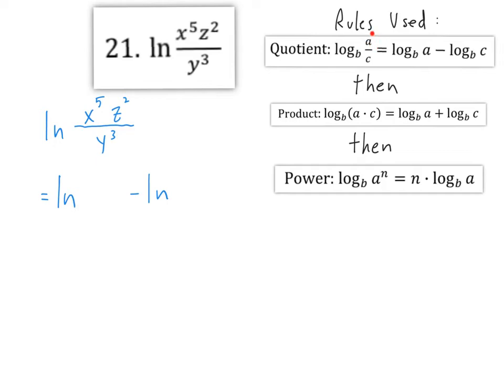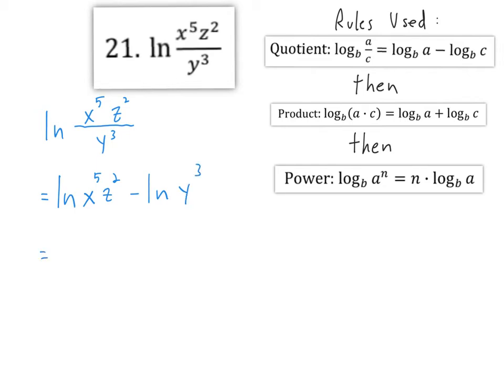Whatever is the numerator, a, is going to go in the first log. It doesn't have to be just a single thing. It could be 2 things multiplied. In this case, the numerator is 2 things multiplied, x to the 5th times z squared, and both those things together, since that's the numerator, go in the first log, and the denominator will go in the second log.